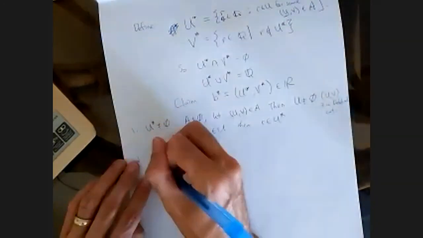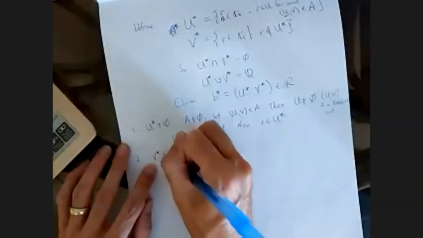2. V star is not equal to the empty set. Well, here we have to use the fact that A is bounded.